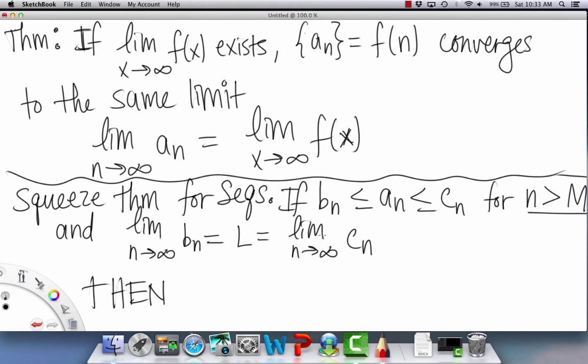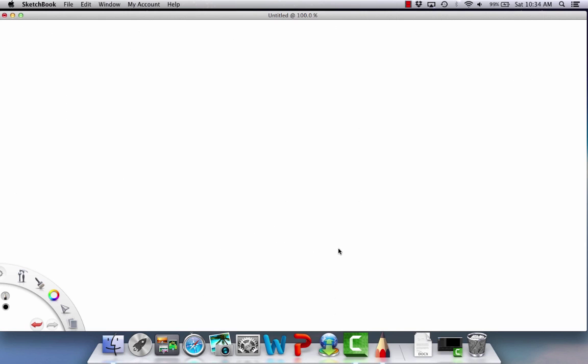So if the lower and the upper sequences, in this case not functions anymore, but sequences, both go to a certain limit, and that is the same limit, then the middle one must go to the same limit as well. So then we can conclude that the limit as n goes to infinity of the sequence a_n must equal L as well. Alright?